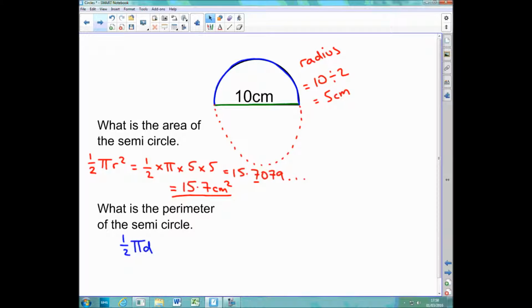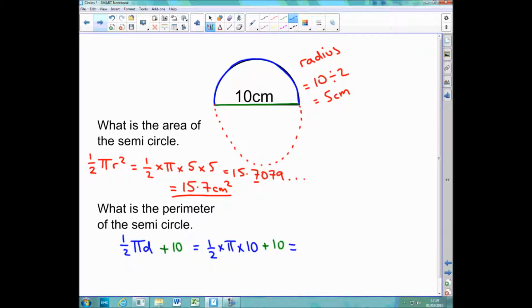After I've done that, I've got to add on the diameter, which is 10. So working this out, we get half times pi times 10, and then we're going to add 10 afterwards. So we're going to type that all into our calculator.